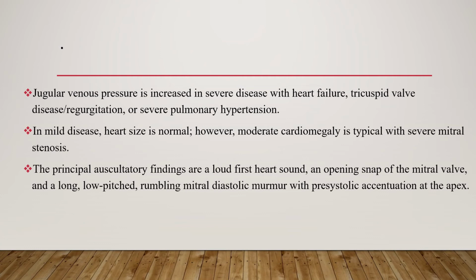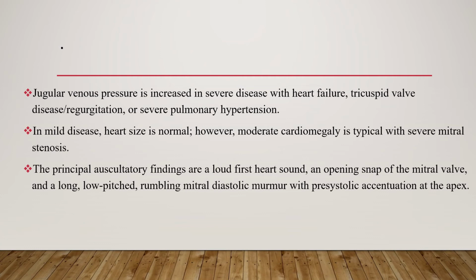And also the principal auscultatory finding of mitral stenosis is a loud first heart sound, and also an opening snap of the mitral valve, and a long, low-pitched rumbling mitral diastolic murmur with presystolic accentuation at the apex. The mitral diastolic murmur might be virtually absent in patients who have significant heart failure from the elevated left ventricular filling pressure.